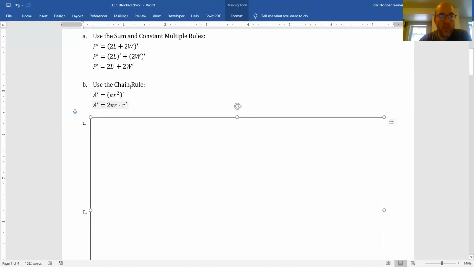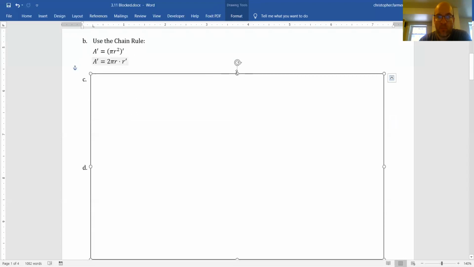So that's one thing to be really aware of here. And you've seen this with implicit differentiation, but when we find rates of changes of things that are more complicated, the rate of change of the area doesn't just depend on the rate of change in the radius, it also depends on what the size of the radius is at that moment. Okay, so you're going to see a lot of that as you go forward.